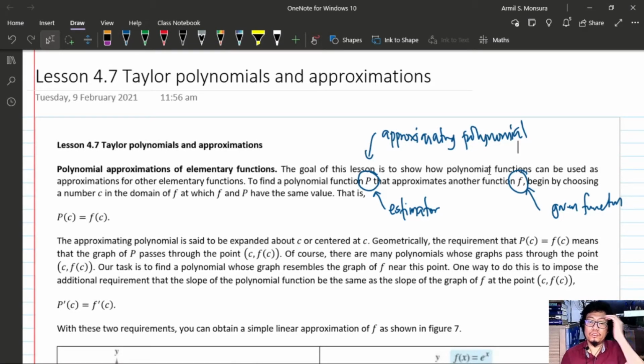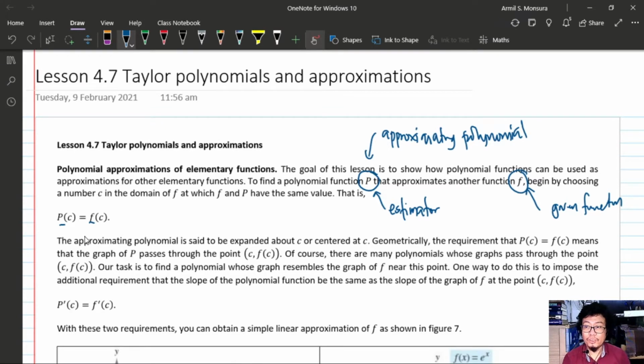One way to ensure that our approximating polynomial approximates a given function is that we would like your given function f and your approximating polynomial p to have the same value at a certain point.